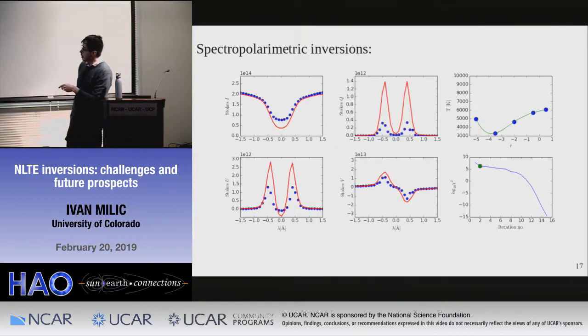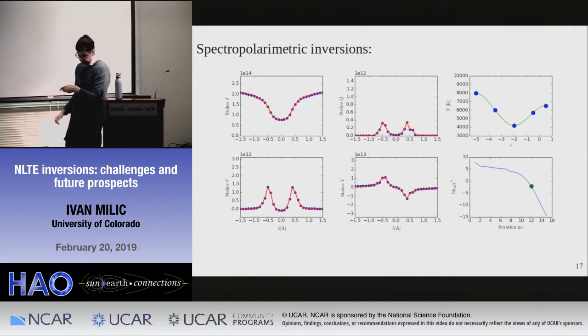And here we actually see what the inversion scheme is doing. In this case, the only thing that I'm plotting is how the temperature stratification is changing with iterations, trying to find the best fit here. But of course, we are not only changing the temperature stratification, we are also changing the other parameters. Just for clarity, I wanted to show only this one.